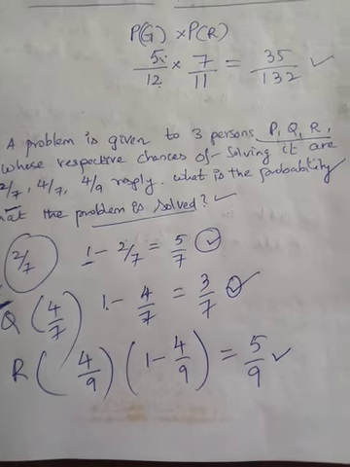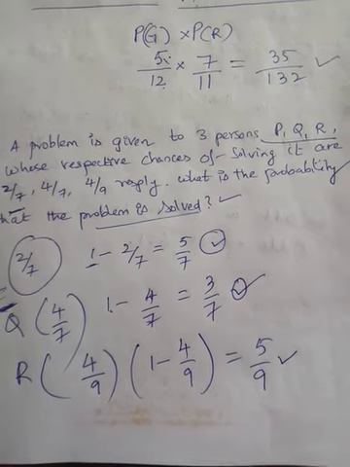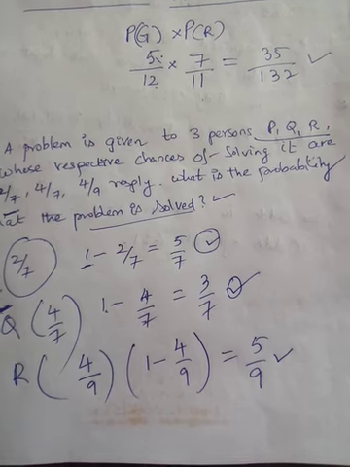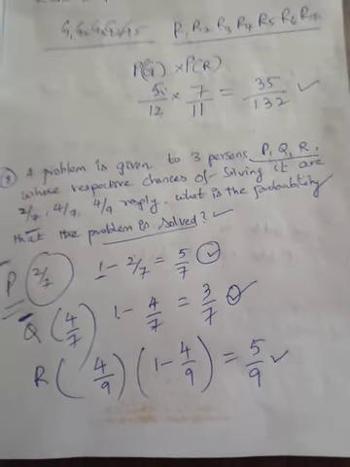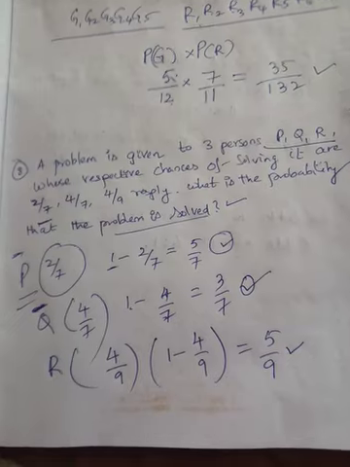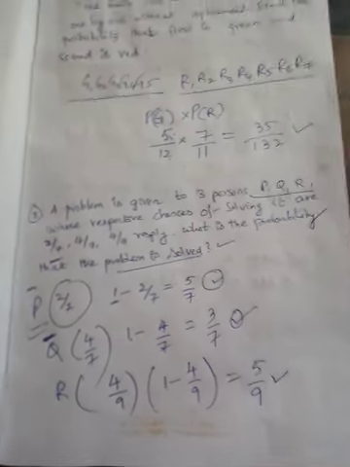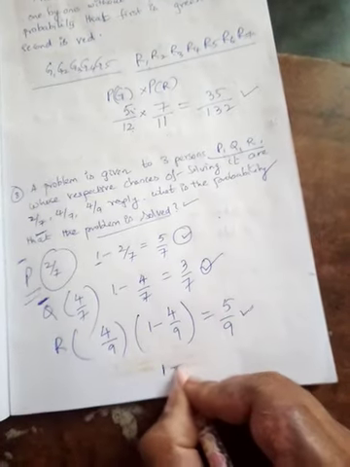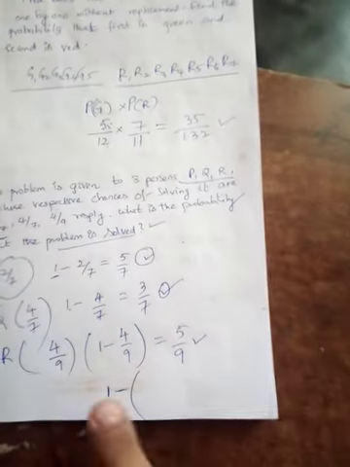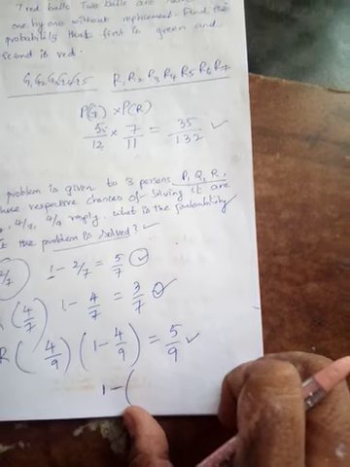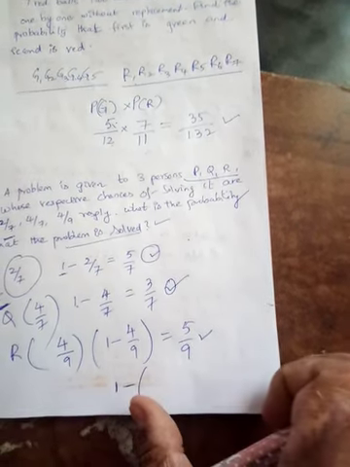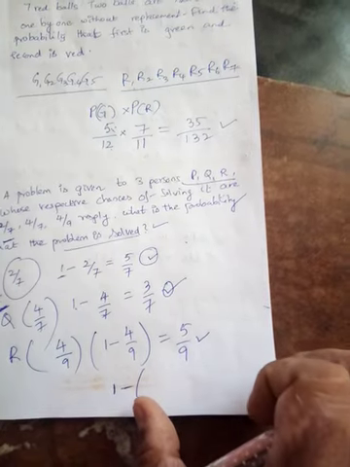For R, the probability of not solving the question is 4 by 9, that is 1 minus 4 by 9, which is 5 by 9. So totally, the probability of the problem getting solved is 1 minus the probability of not being able to solve the problem.